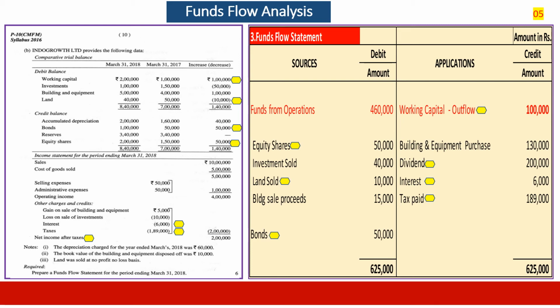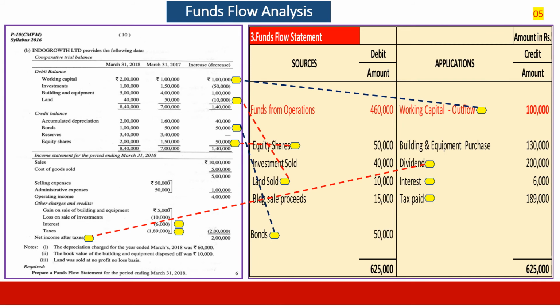What do we do here? We make the postings. Working capital outflow from the problem straight away, 1 lakh. Then we post land sold, 10,000. It is sold at cost. Bonds, there is an increase in the bonds, means there is a source, we have received 50,000. Equity shares, it was 1,50,000, it becomes 2 lakhs, 50,000 we received.